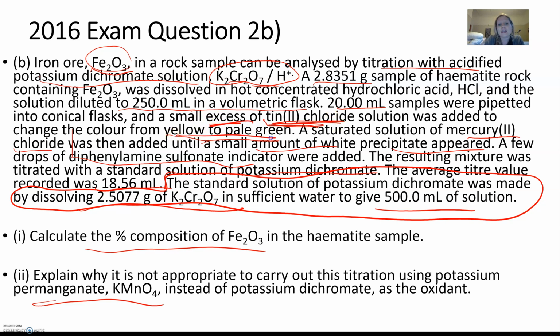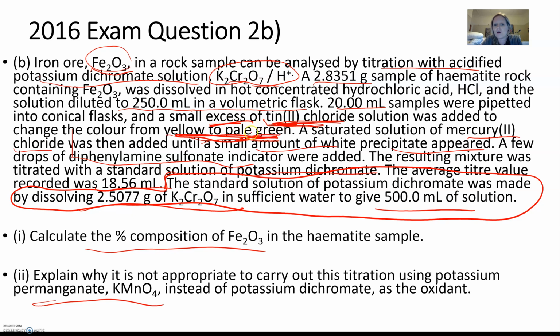And it said that there was a color change. So a color change tells us that a reaction happened. And so what's actually happened here is the Fe3+ has been reduced to Fe2+, and the tin is getting oxidized. So that's what's happened, and you don't need to worry about the equation.